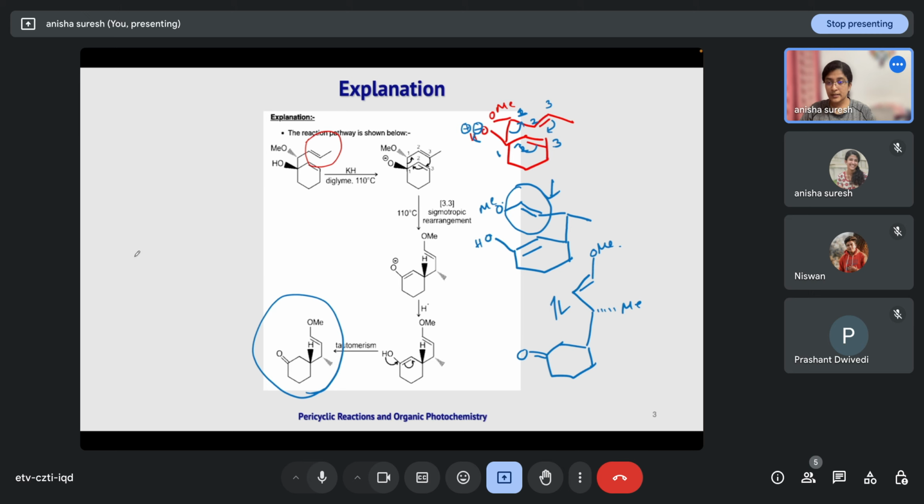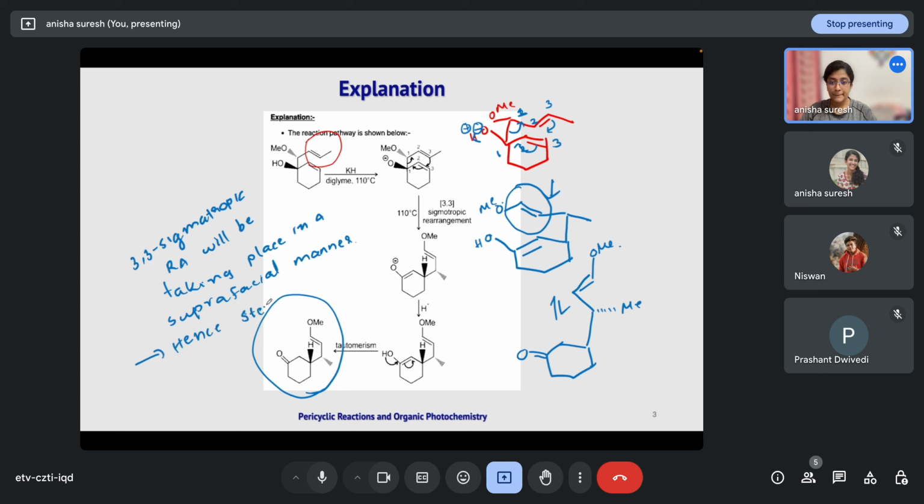This 3,3 sigmatropic rearrangement will be taking place in a suprafacial manner. Hence, stereochemistry will be retained.